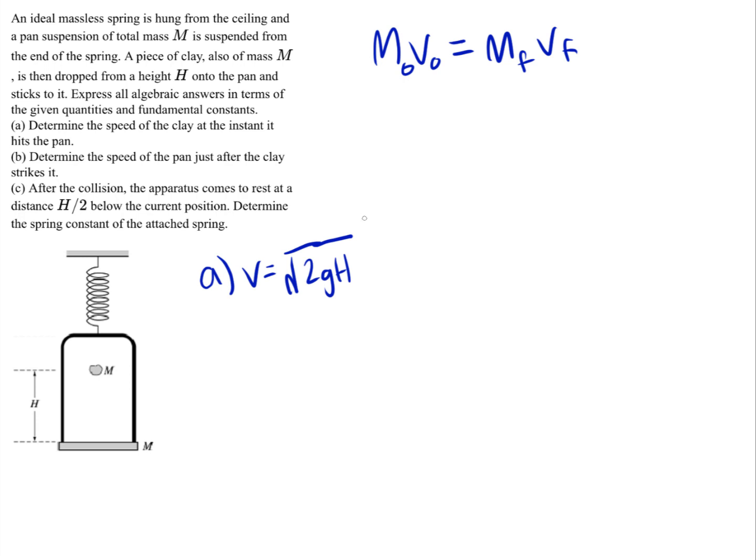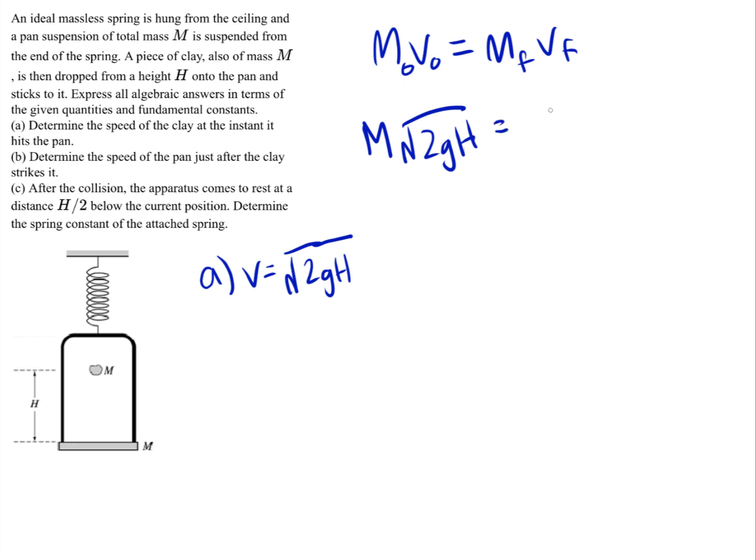So we can use this to calculate the speed of the pan right after the clay strikes it. The momentum of the clay is simply big M, the clay's mass, times the square root of 2gh, which came from the velocity expression we found.